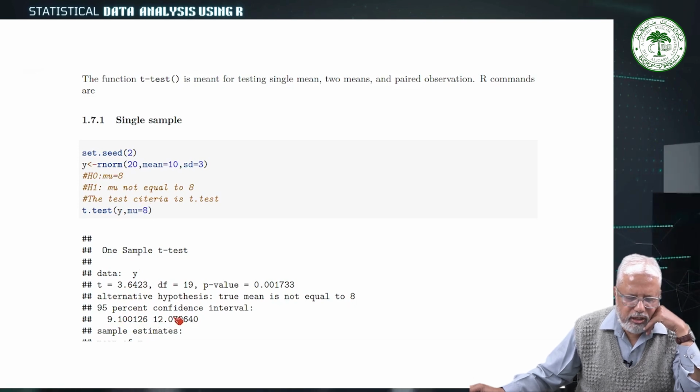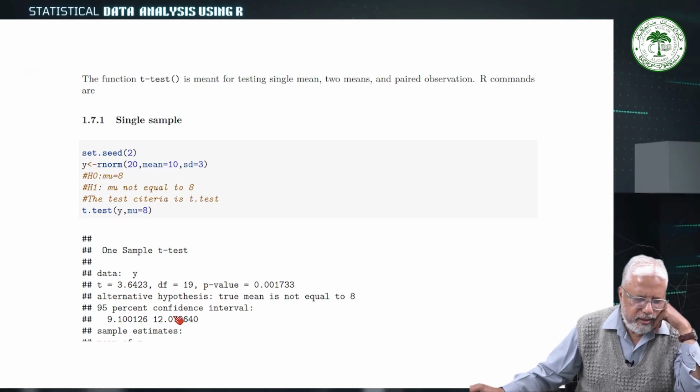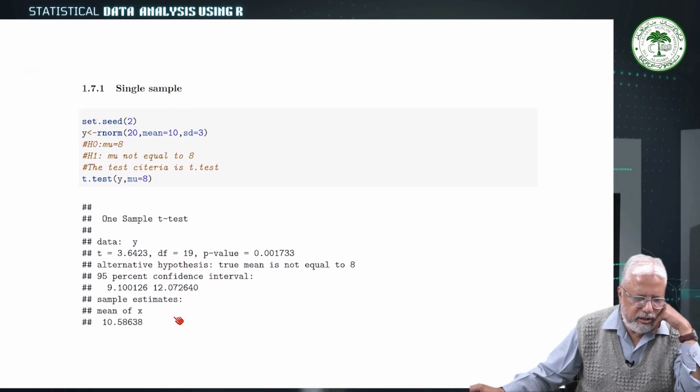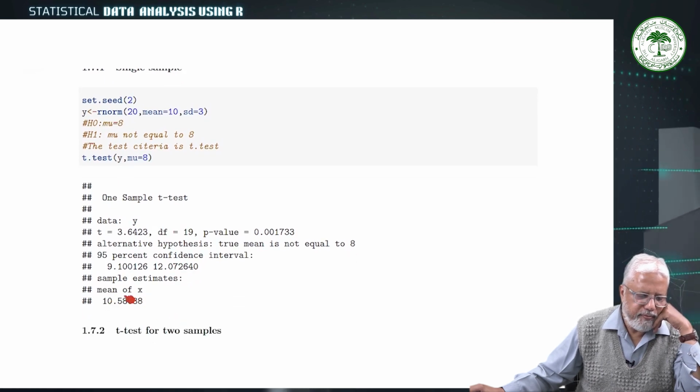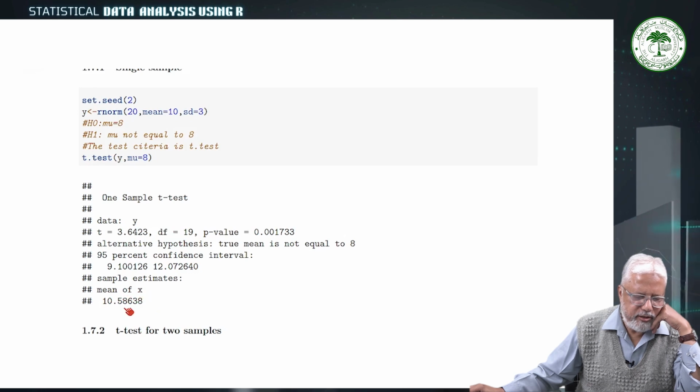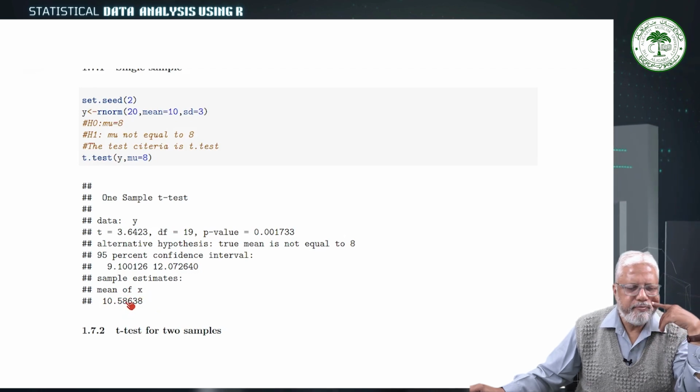So that should also lead to the conclusion that H0 is being rejected. So this is another interpretation. The mean of x is 10.58.